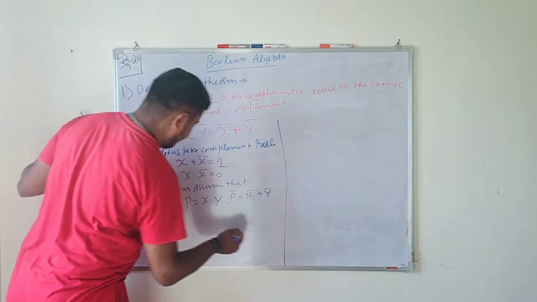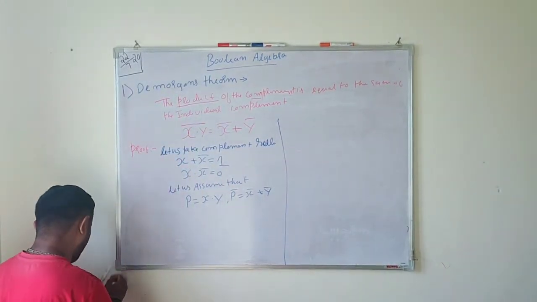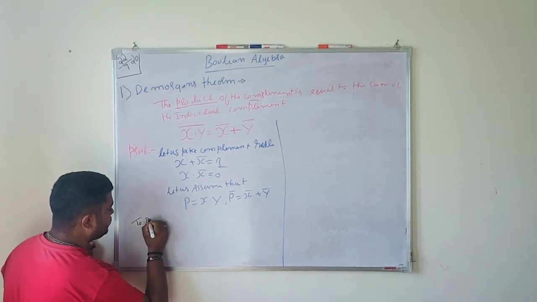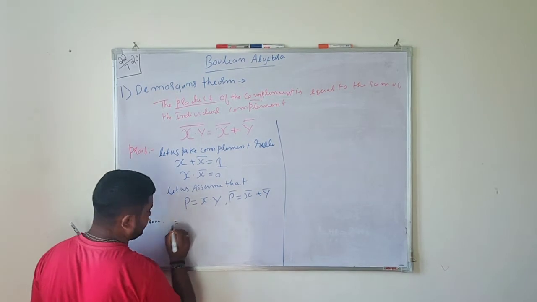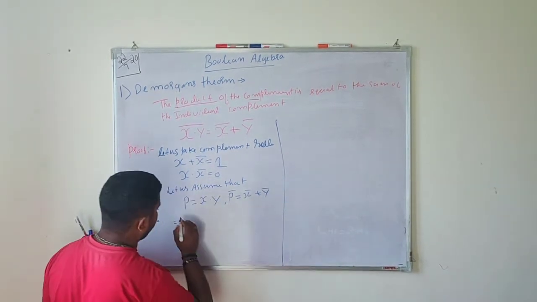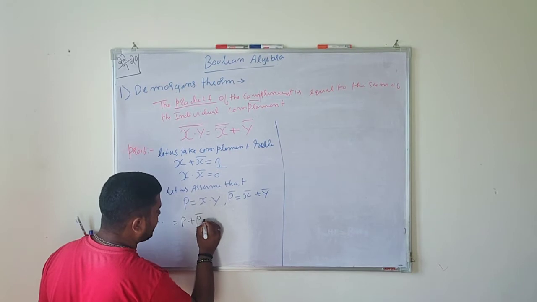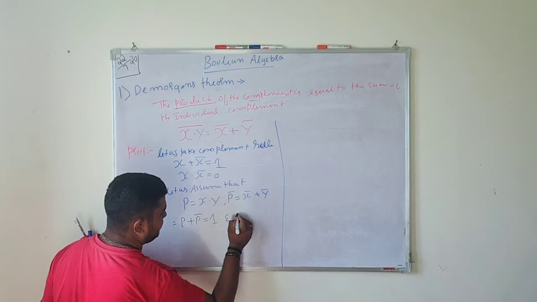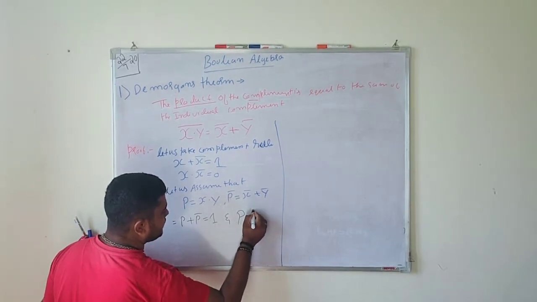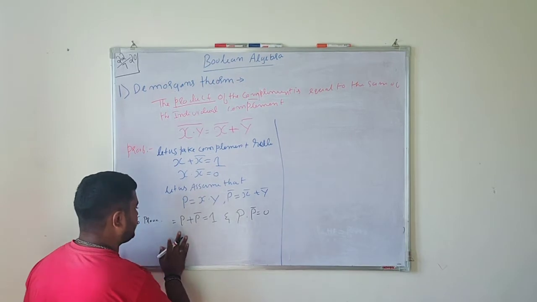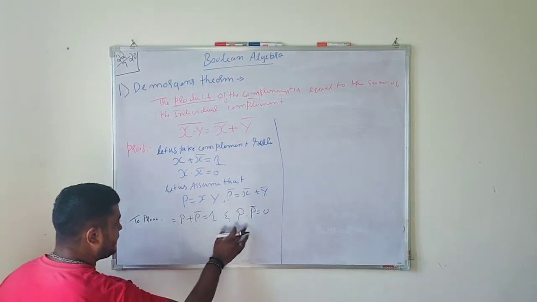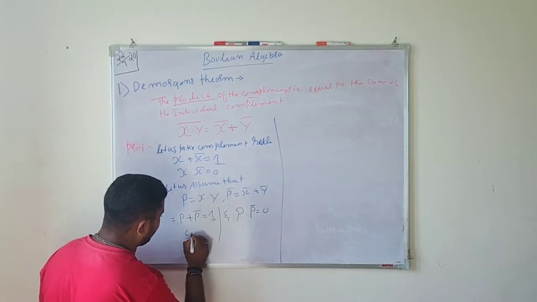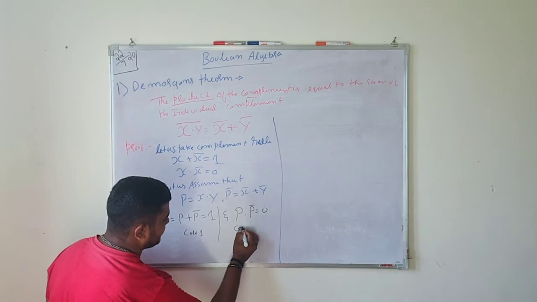We should prove that P plus P bar is equal to 1 and P into P bar is equal to 0. Let us take the first as case 1 and the second as case 2.